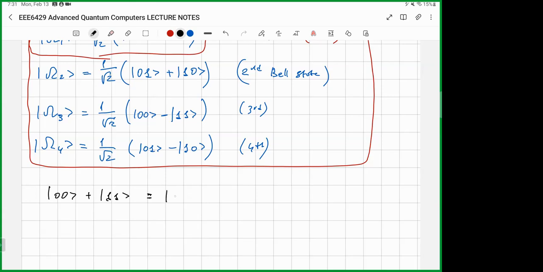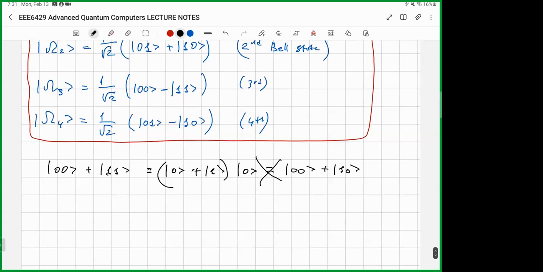For example, vector 0 times vector 0 plus 1 times vector 0 will give you state 00 plus state 10, but not 11. So that is wrong. You cannot represent this 00 plus 11 state as a product of vectors of independent systems. That's why it's called a non-separable state.